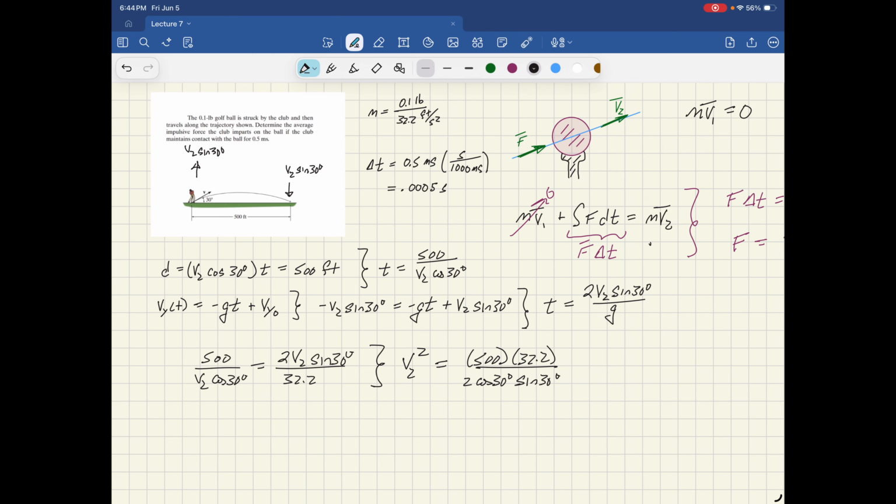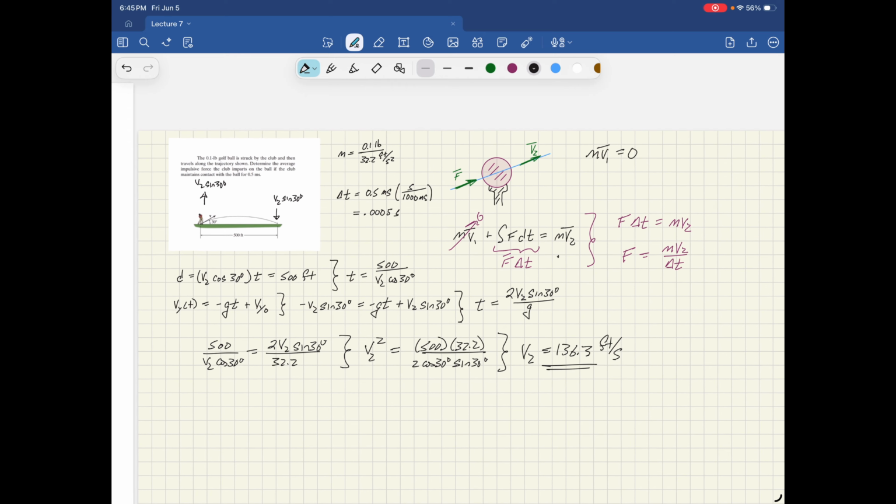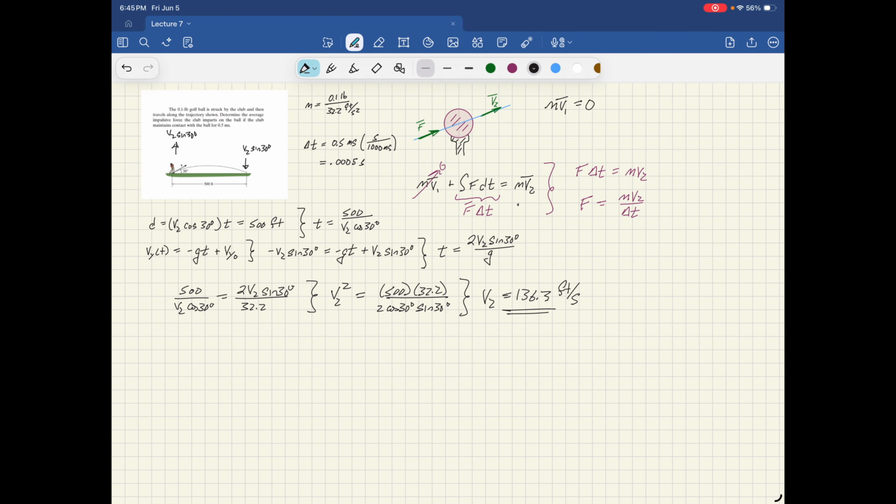And solving for v2 then, taking the square root of that, we get that v2 is equal to 136.3 feet per second.